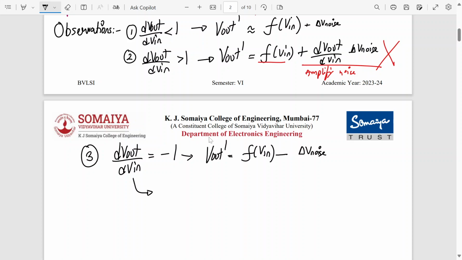That's why we take this on the VTC curve to select the input low voltage and input high voltage, VIL and VIH points. Yes or no? Understood now?